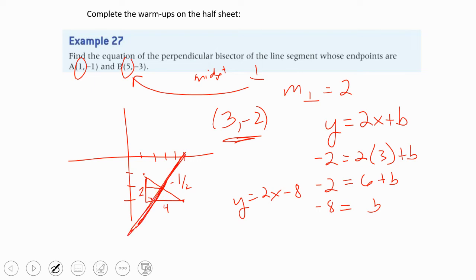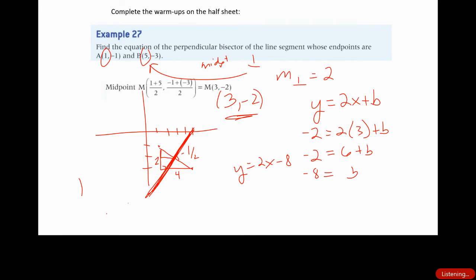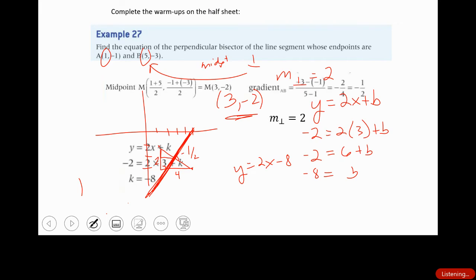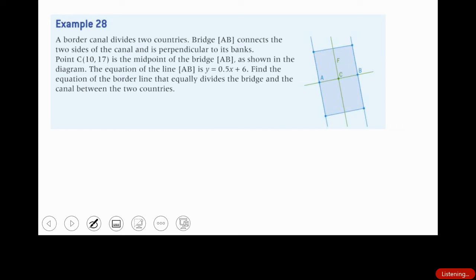And if you look, it's going to hit somewhere down there, right angle. Let's go to the next one.